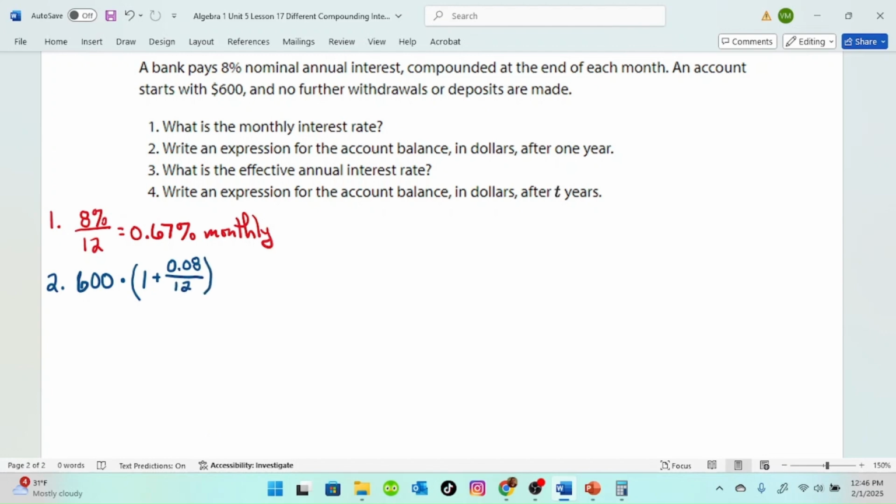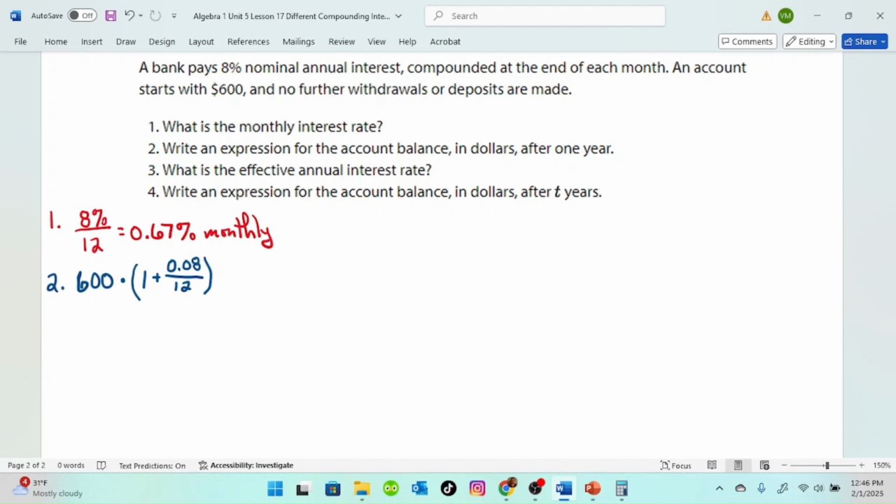Now, the reason that I'm writing it this way is because when I said it was 0.67%, I was rounding it to 2 decimal places. So to ensure that I don't round in the future until I get to the final answer, I'm going to write it as the fraction so that I put it in the calculator and do all my calculations without rounding, and then I will round when I get to the final answer.